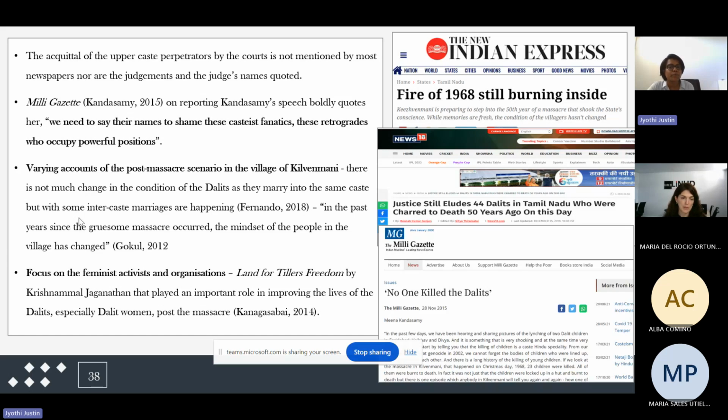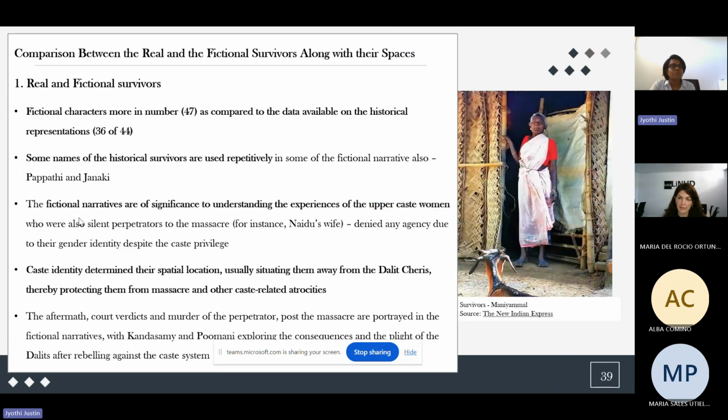But other newspaper reports mentioned that they were still residing in the same conditions as when the massacre initially took place. And on comparison between the fictional and real survivors, we found that there are more fictional characters as opposed to historical representations, mainly because we were not able to identify real female survivors from any of the non-fictional narratives. Their names were anonymized or they were not mentioned at all.